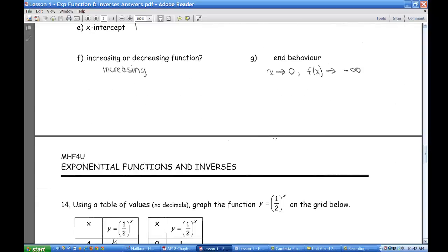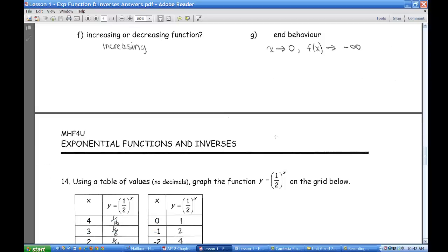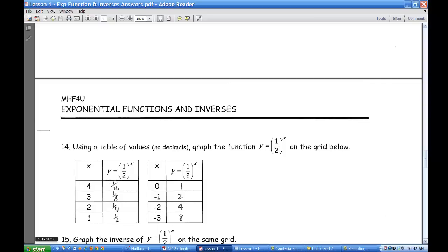Let's take y equals 1 over 2 to the power of x and do the inverse of that. So again, we just filled out the regular table, but now we're going to flip this and this. So your x will now become 1 over 16 and your y will become 4.